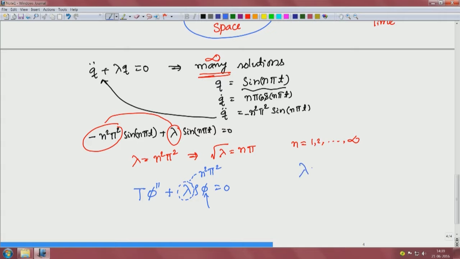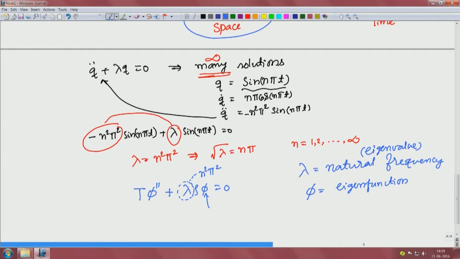So, lambda is our natural frequency, or we can call this eigenvalue, and phi is our eigenfunction.